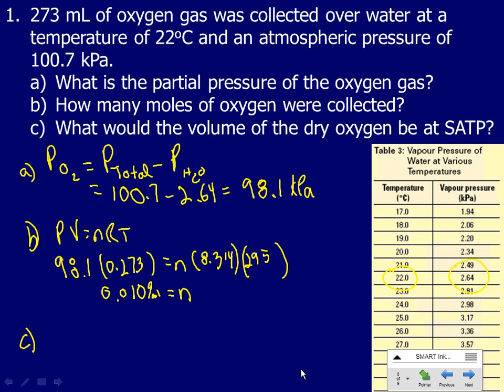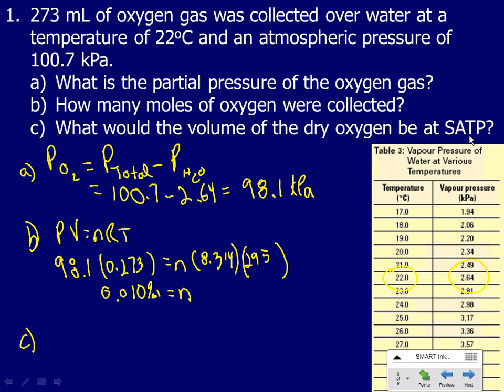Now, very often, if we're comparing an experiment that one scientist did in one area compared to another area, we need to convert that gas to a certain standard value. So what if this experiment was done at SATP? What would its volume be at SATP? So when we say dry oxygen, it means we've subtracted off the water, and we want it at the second property of SATP.